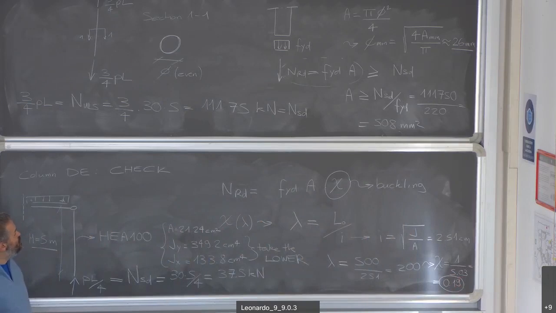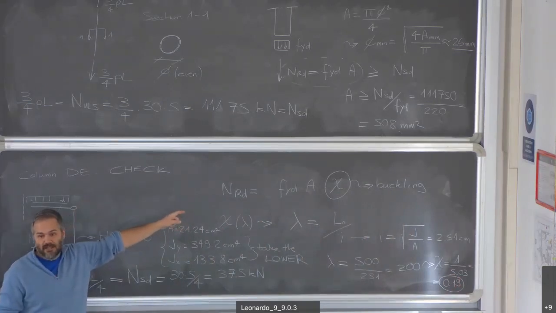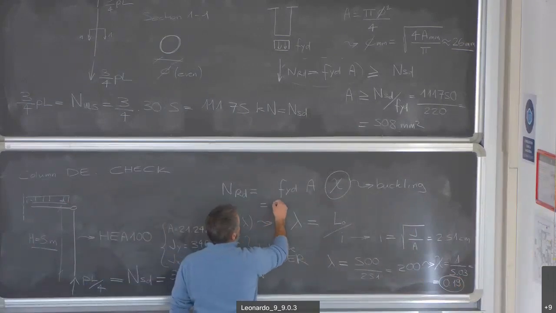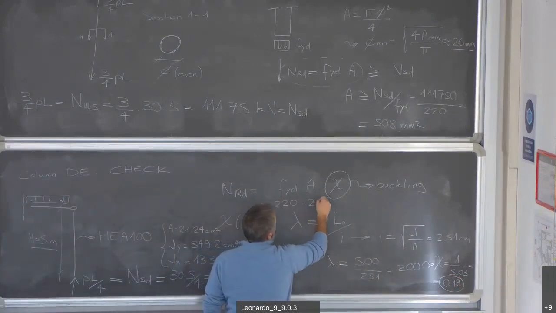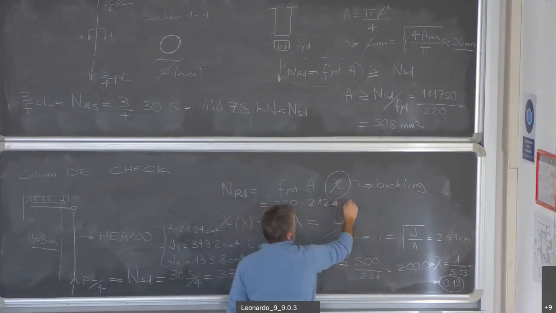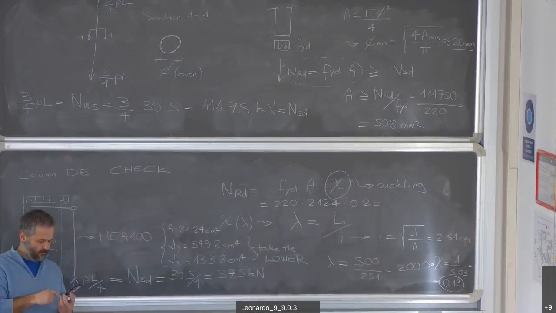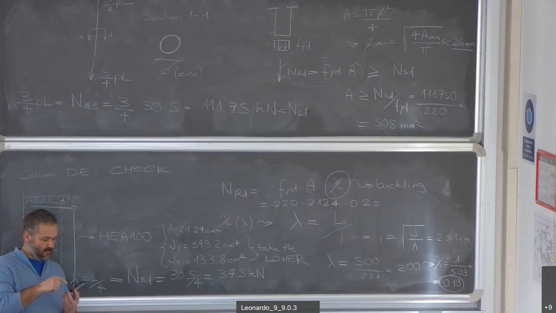So what would the result be? It will be FYD 220 times 21.24 transformed into millimeters. So in the end, this result will be 220 times 2124 millimeters squared times 0.2, divided by 1,000.